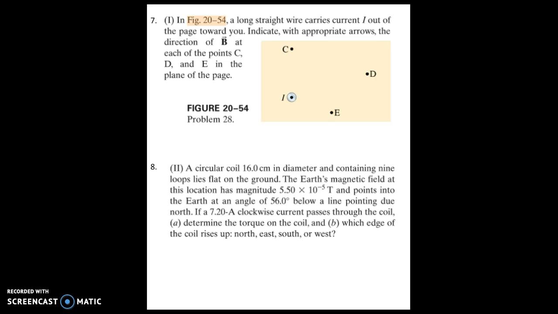I'm also using the right-hand rule to know that. And so knowing that mu is pointing downward and that torque is mu cross B, it means that the left edge, or the west edge, of that coil is what is going to rise up. And that is all. Thank you very much for listening.